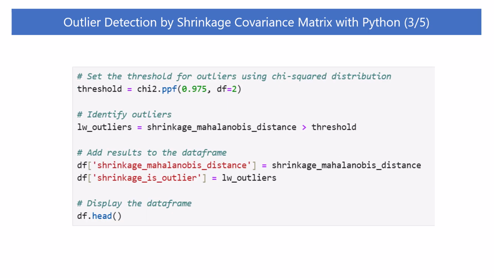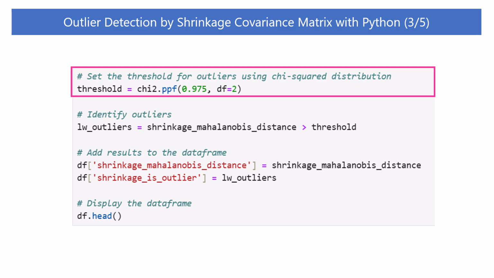Next, set the threshold value. The chi2.ppf function calculates the percent point function of the chi-square distribution. Here, based on the chi-square distribution with degree of freedom, we calculate the threshold corresponding to a confidence level of 97.5%.